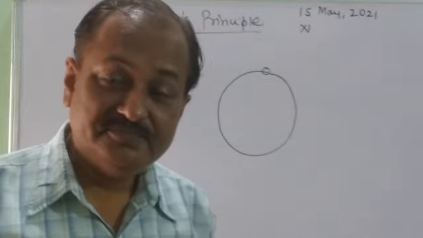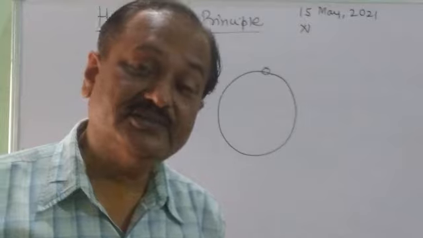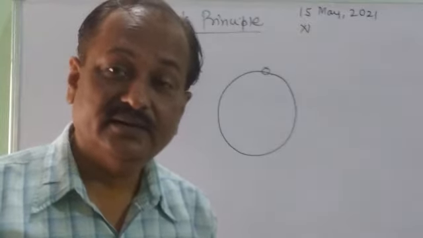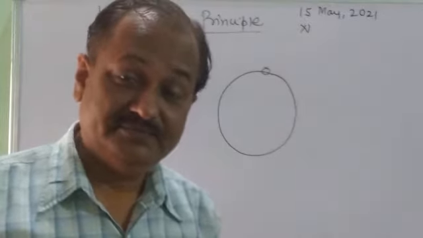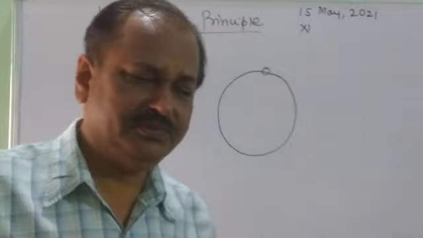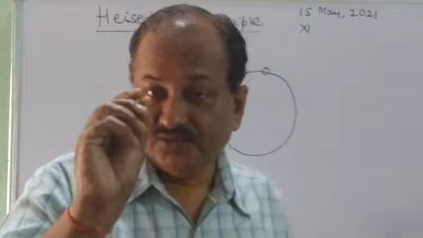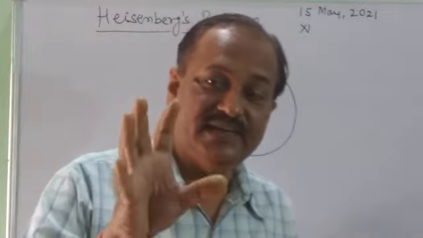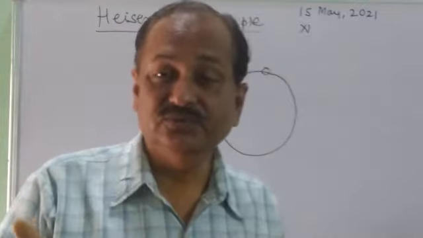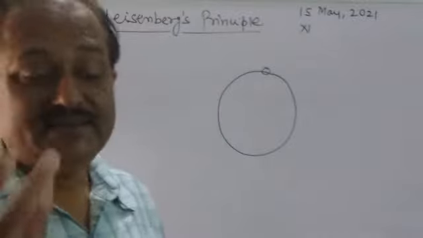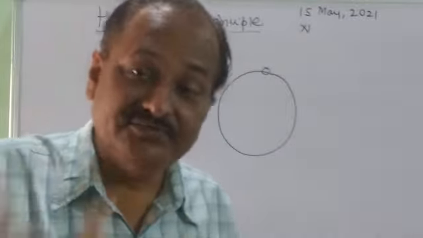We cannot see an electron or a similar particle in low light or ordinary light. Suppose here in the room the light is not so strong, and the electron is very small. So we have to use light radiation of slightly higher frequency.